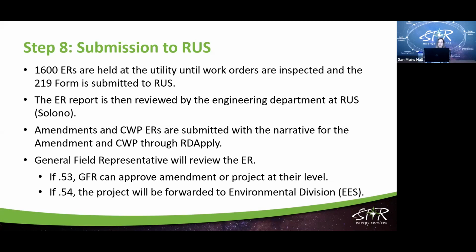And then the GFR, General Field Representative, will review the ER. If it's a .53, the GFR can approve the amendment or the project at their level. If it's a .54, then the project has to be forwarded to the Environmental Division, EES.